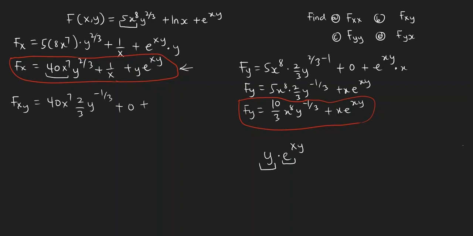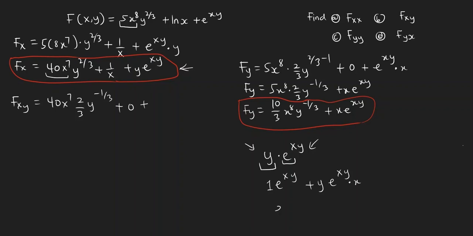Differentiating y will give us 1. So you have 1 times e to the power of xy, plus, now I'll differentiate the exponential term and keep y as a constant. So we are going to have y multiplying e to the power of xy. Then we differentiate this xy with respect to y, which gives us x. So we're going to have times x.